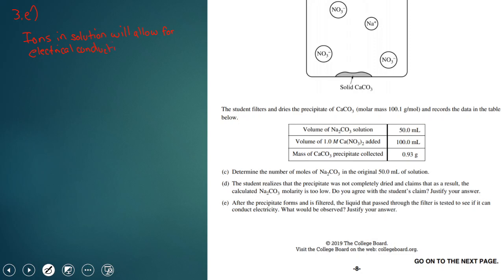That's just the idea of an ion. It has a charge on it. Remember, electrical conductivity is just a flow of electrons, and a charge will cause a flow of electrons, either through attraction or through repulsion. And so we can say specifically the ions that are going to be left are Na+ and NO3−.